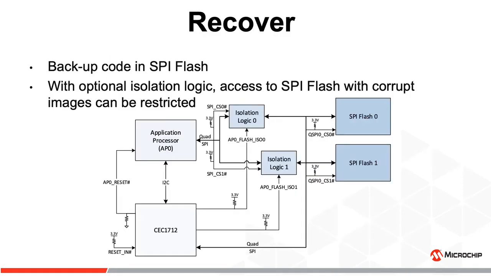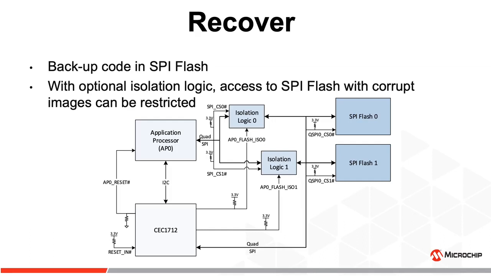Now, in certain cases, we have customers that will require, and this is actually part of the NIST 800-193, to be fully recoverable in a system. If an attack happens in a SPI Flash, it may end up corrupting an entire SPI flash.